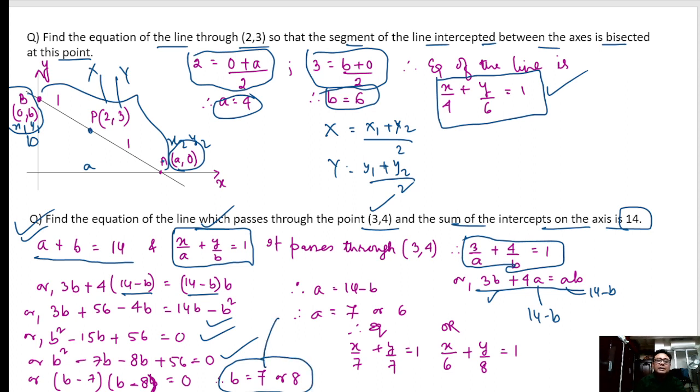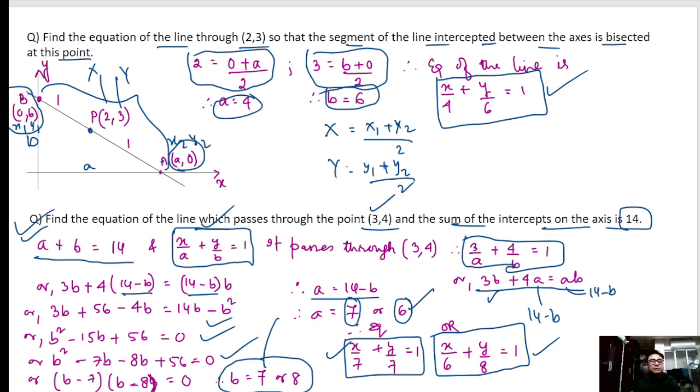If b is 7, a will be 7, and if b is 8, a will be 6. That means we will have two equations. When a is 7 and b is 7, this is one equation, and when a is 6 and b is 8, this is another. So we get two intercept forms.